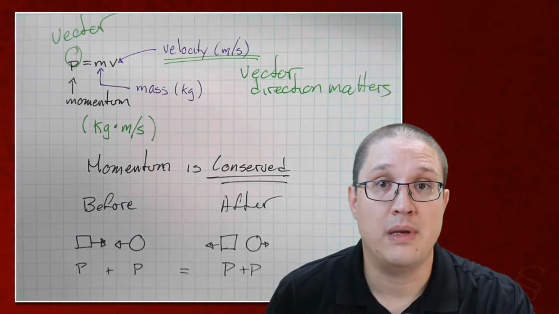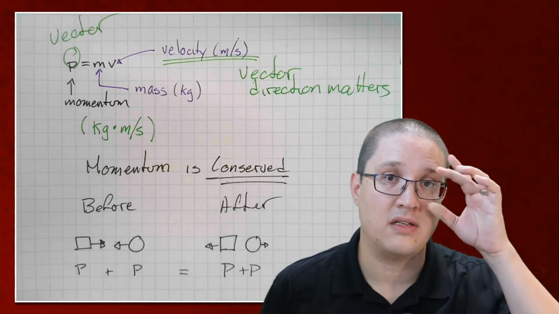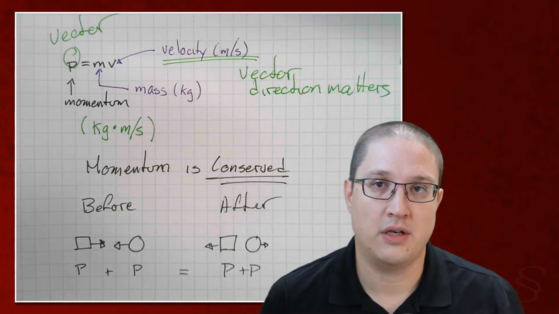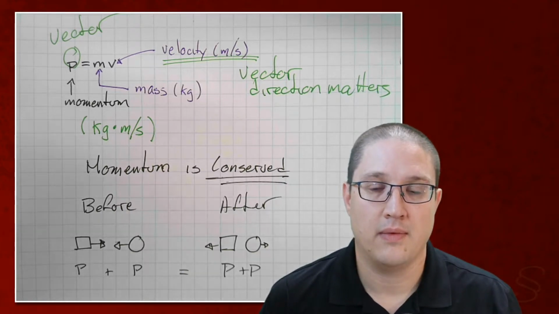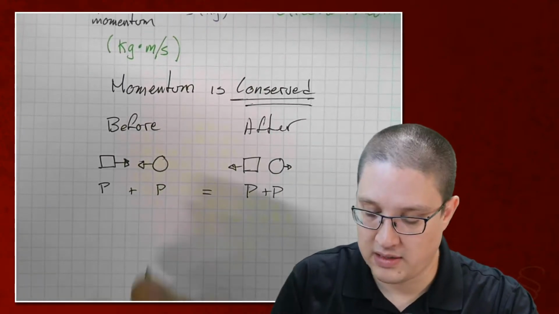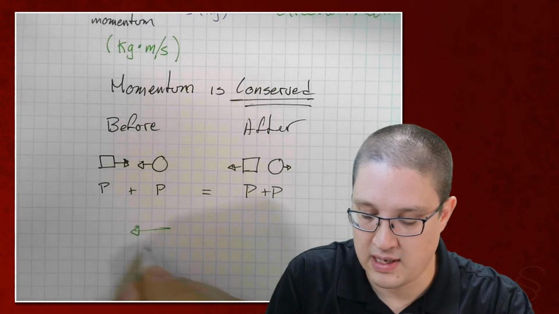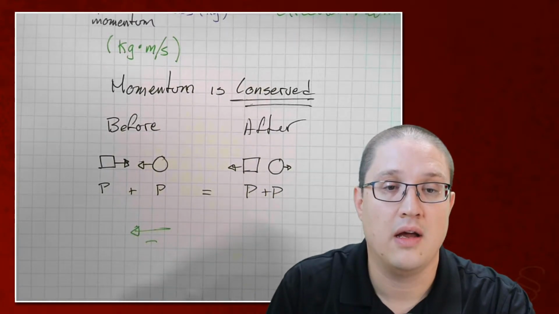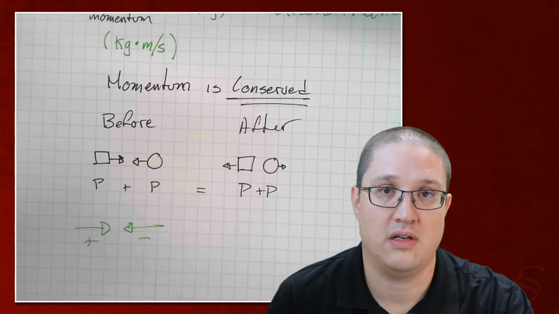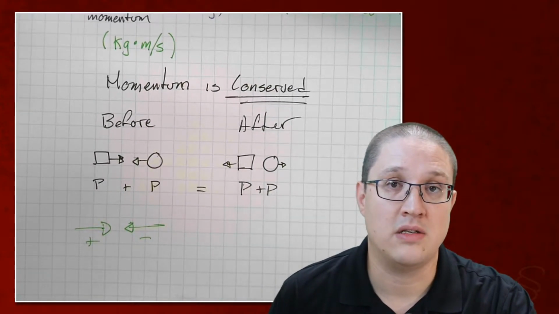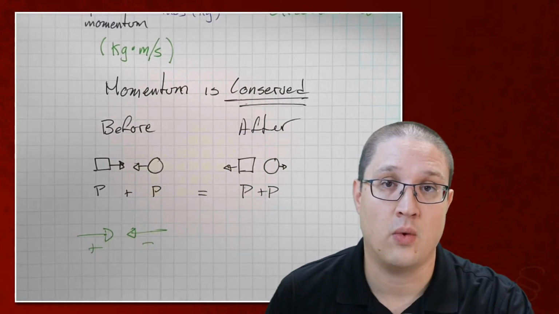So my momentum being a vector means that negative momentum, or momentum in one direction, is different than momentum towards the other direction. So if I have negative momentum in that direction, and the momentum in this direction is positive, those are different. I have to be careful with my magnitude and my direction because it is a vector quantity.